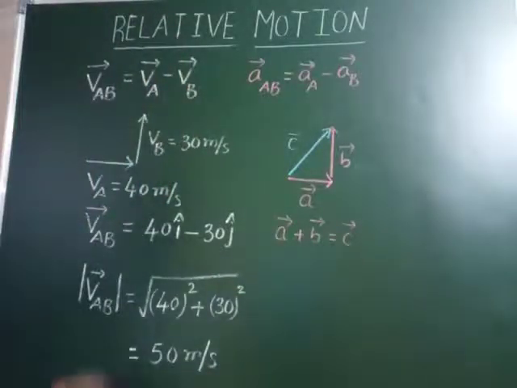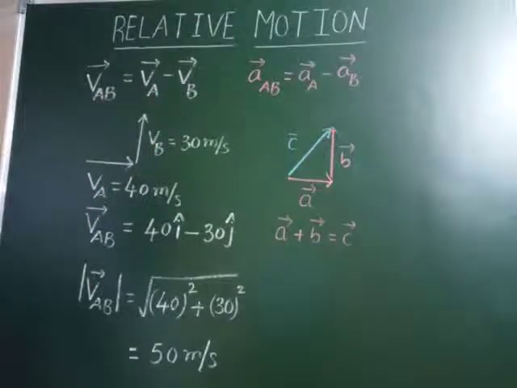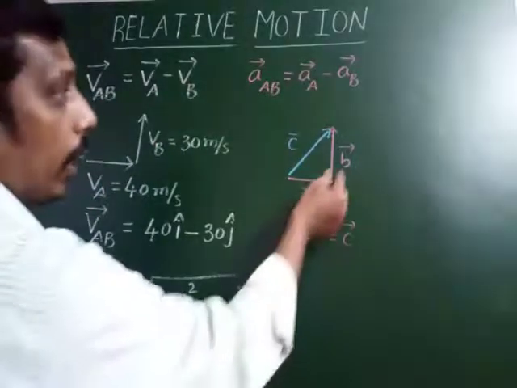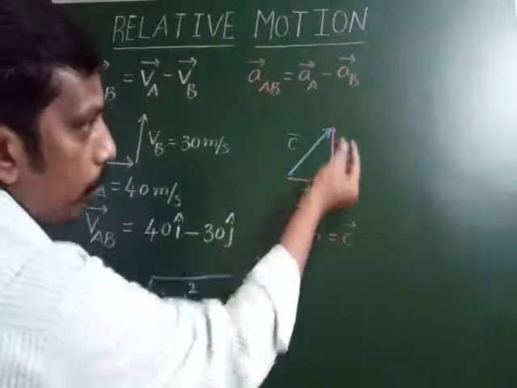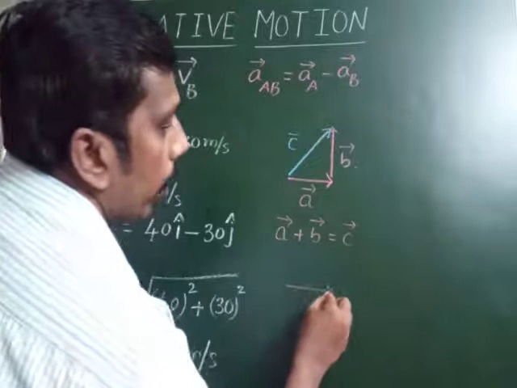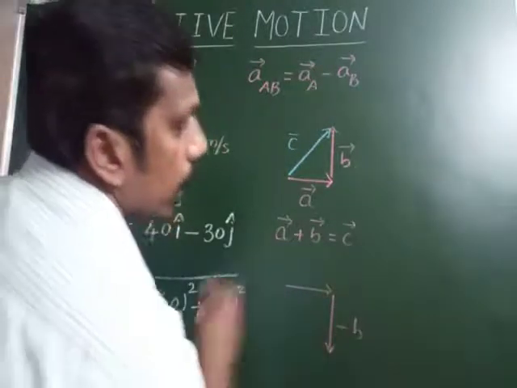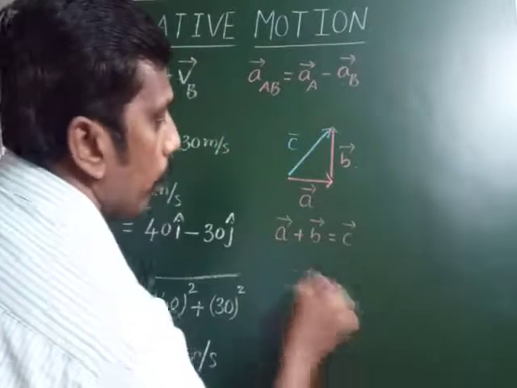But in this case, we want VA minus VB. How to get VA minus VB? To get the negative vector, you reverse B bar. If you reverse the direction, you get minus B bar.